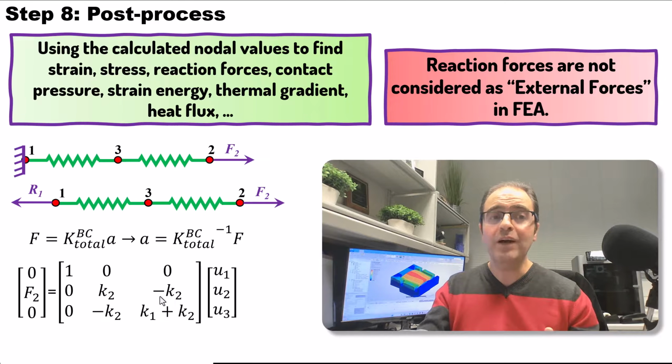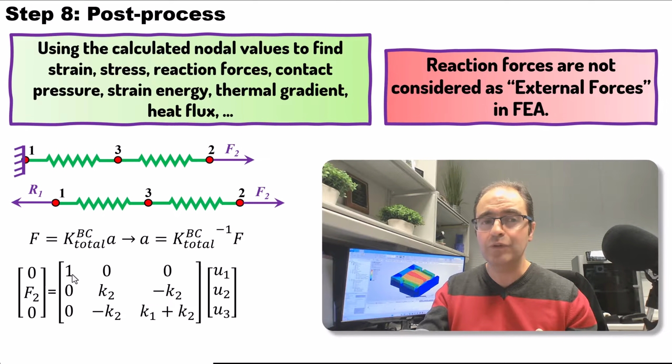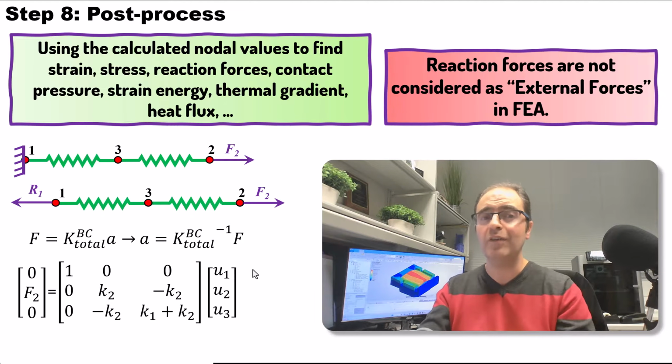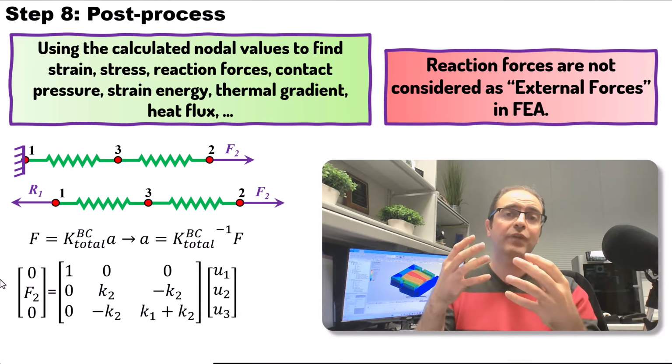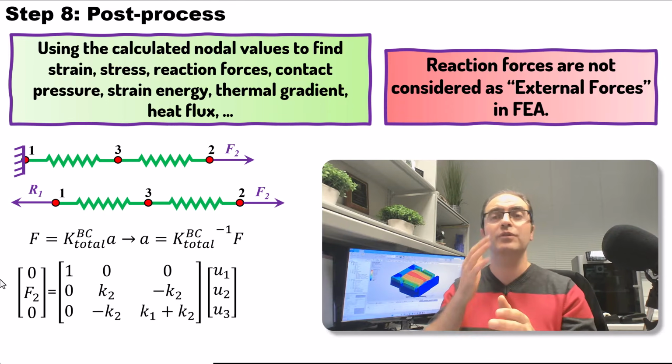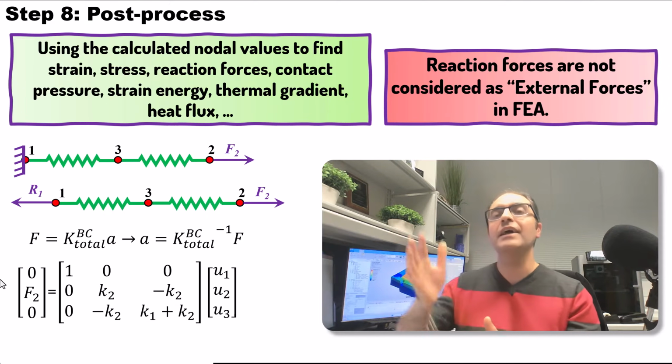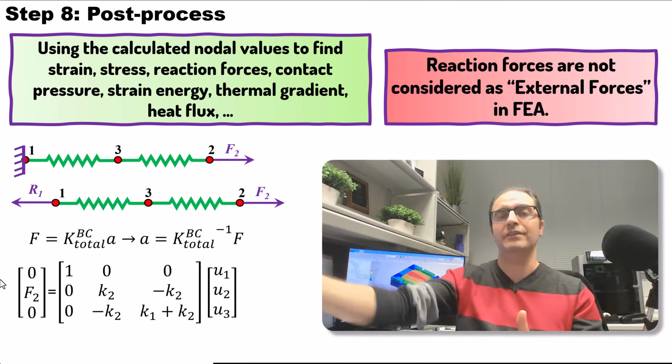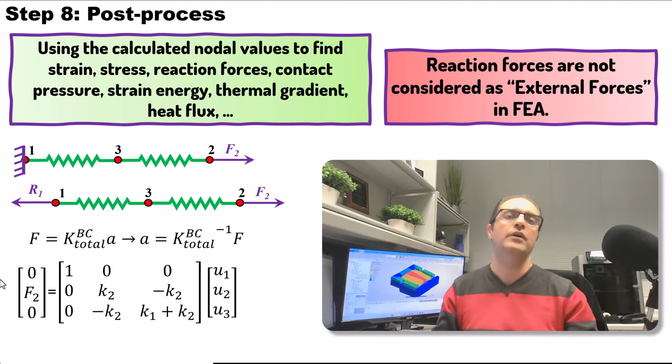It is 0 because the first line will give us 0, right? We cannot put R1 here because then the first line will give you 1 times U1, and U1 is already 0, so you cannot have R1 here. When you apply the external forces and the boundary conditions, you don't consider reaction forces as external forces, and then you can calculate them later when you have the answer to the problem.